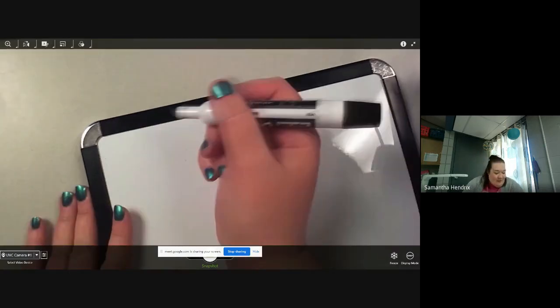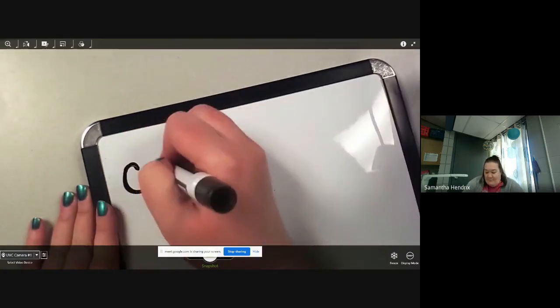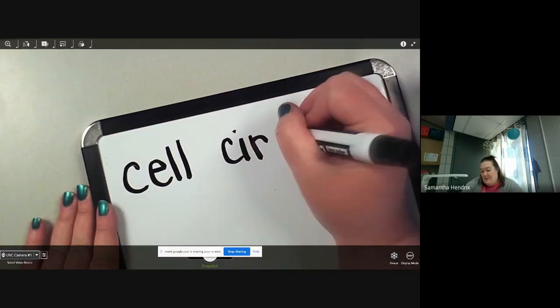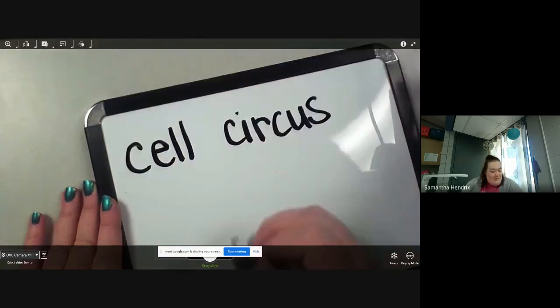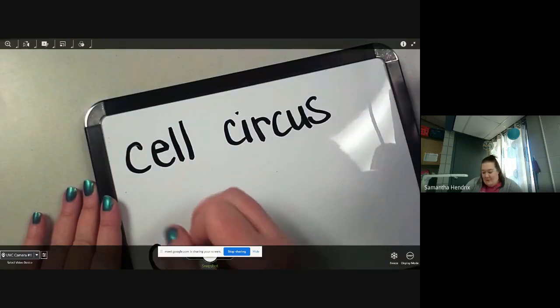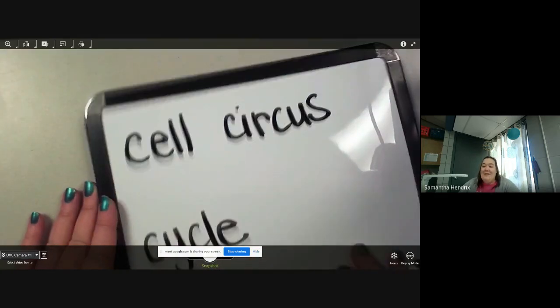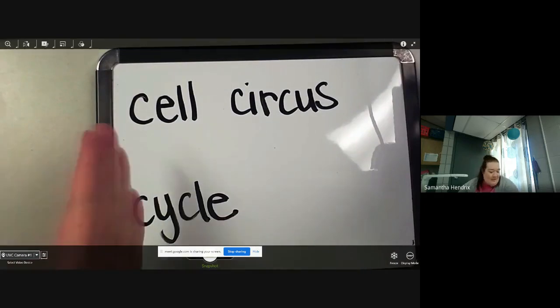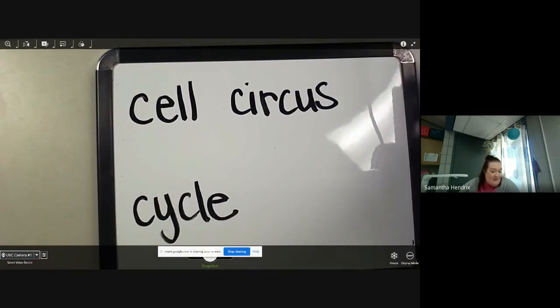So let's look, and you hear that in the initial position. We have cell, circus, cycle, but we hear it in the initial. So let's look at these words. Oh my goodness, what's making this sound in the initial position in all of these?